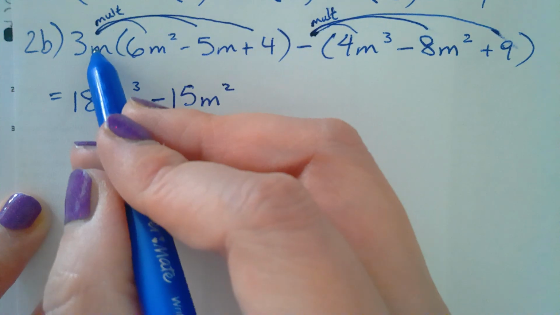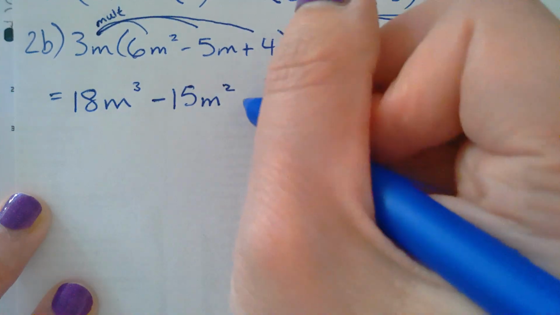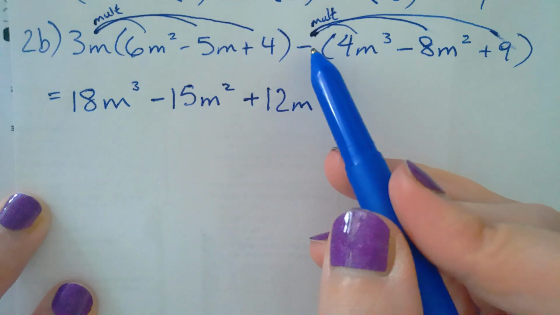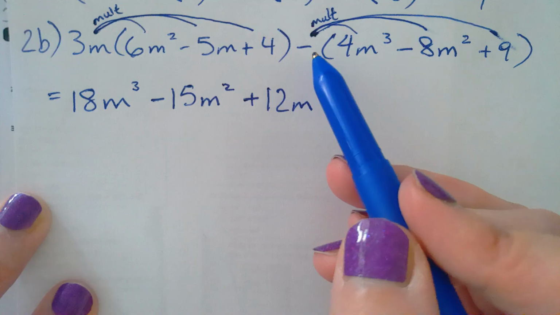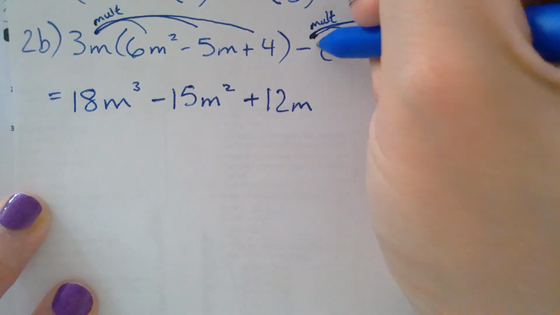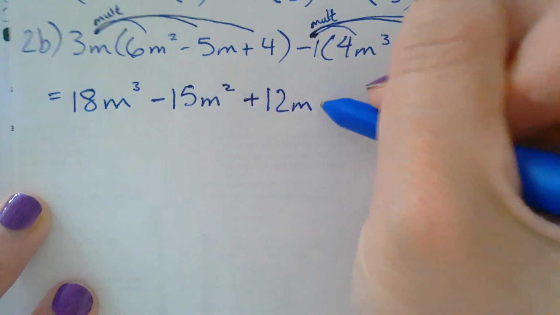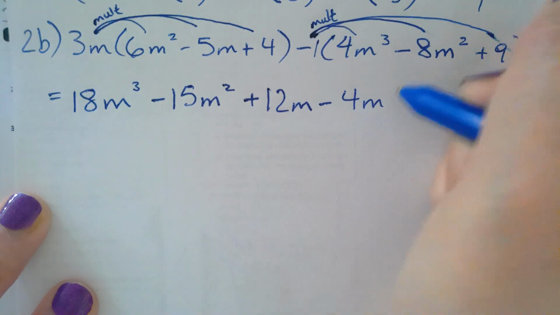Okay, and then 3m times 4? 12m, good. Okay, what is the number outside right here? A negative 1, that's right. So I have to multiply everything by negative 1. It is just the same. I just changed the sign basically.